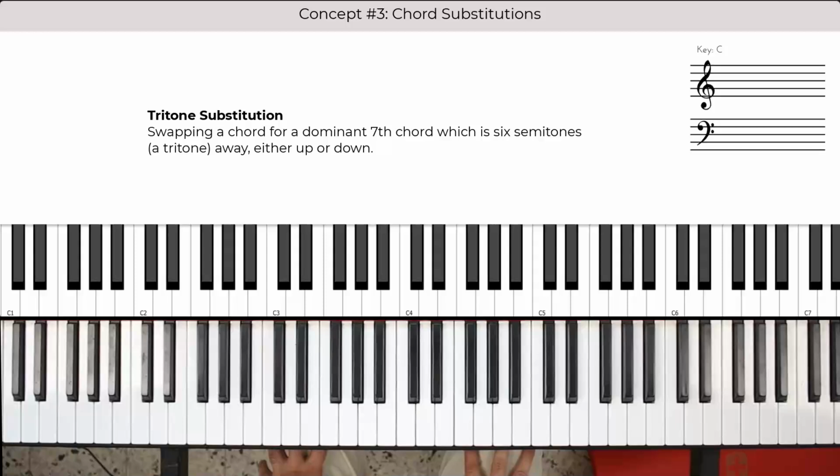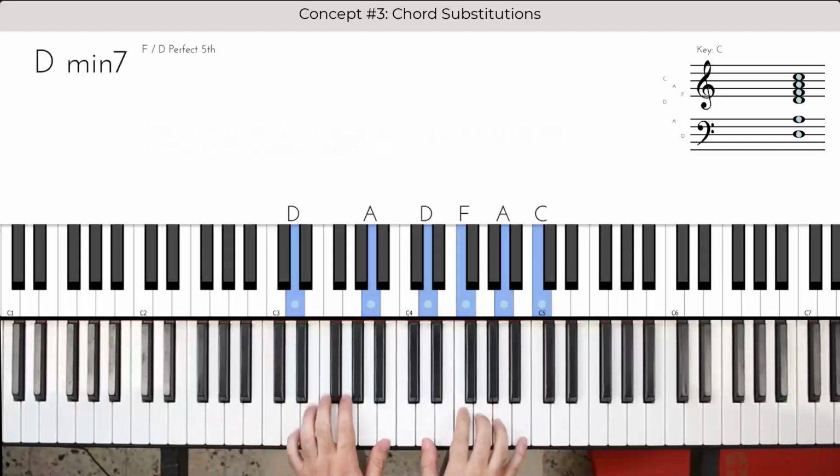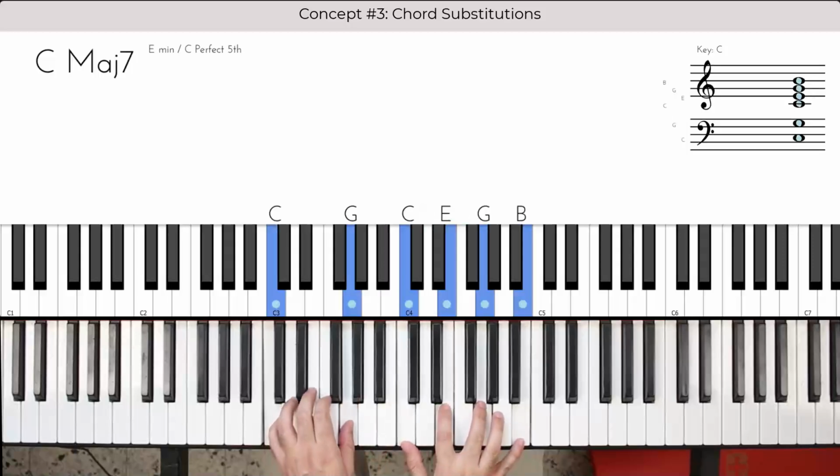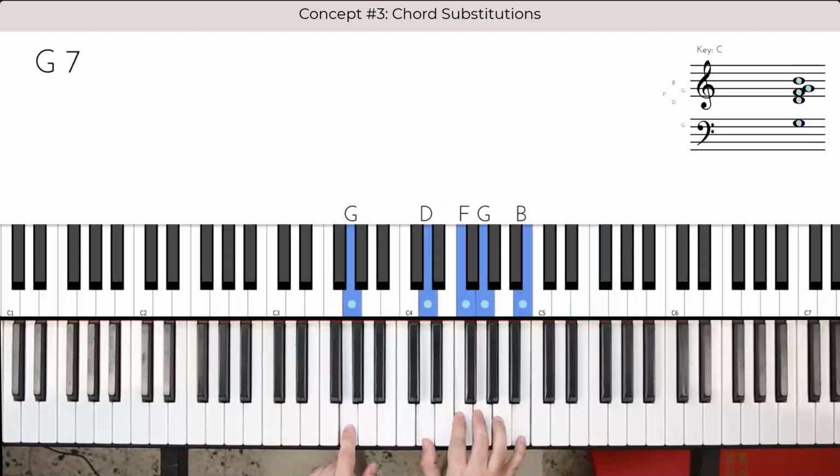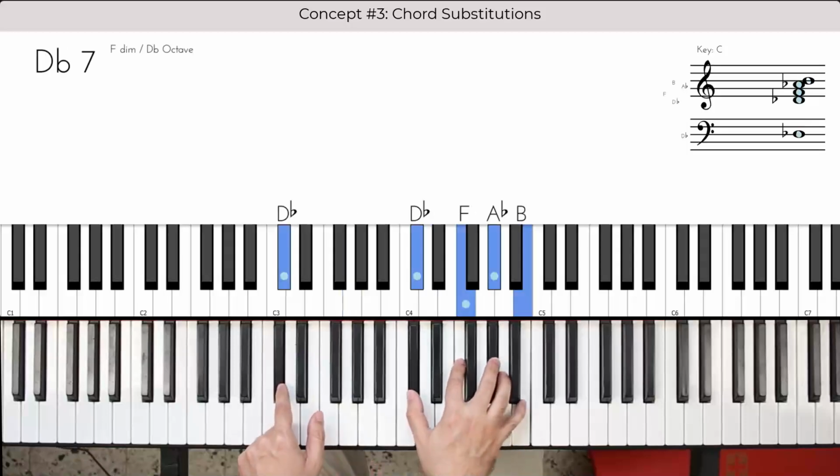As a simple example, let's take a 2-5-1 progression in the key of C major. D minor 7, G dominant 7, C major 7. We can apply a tritone substitution to the G dominant 7, changing it or swapping it for a D flat dominant 7.